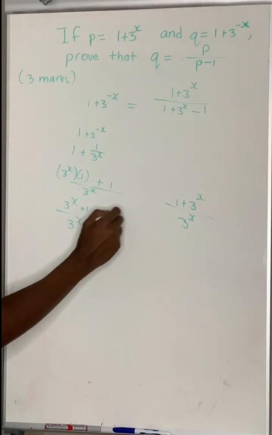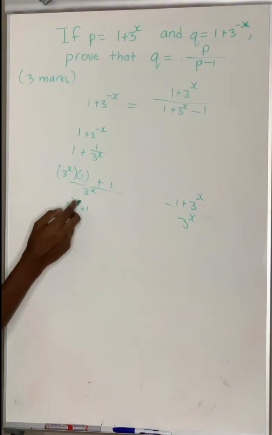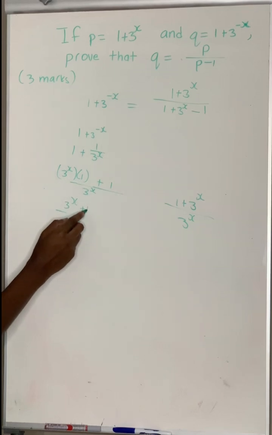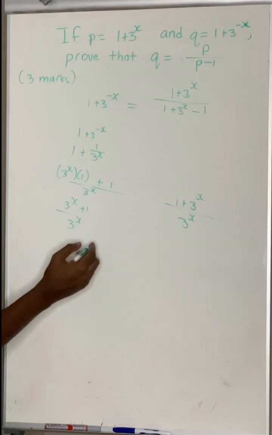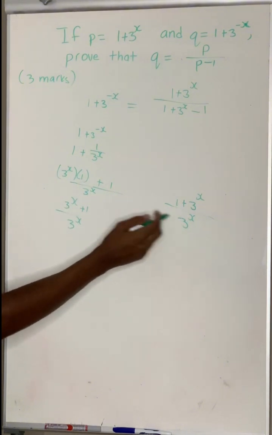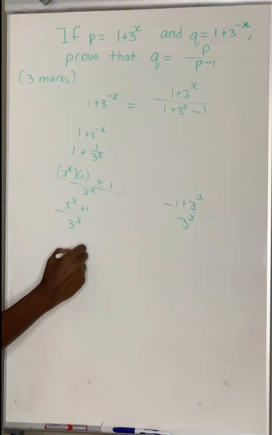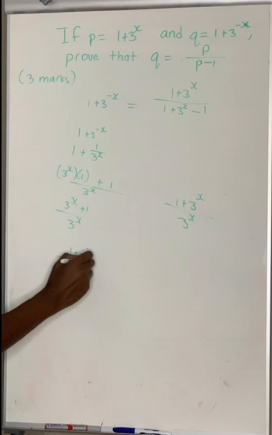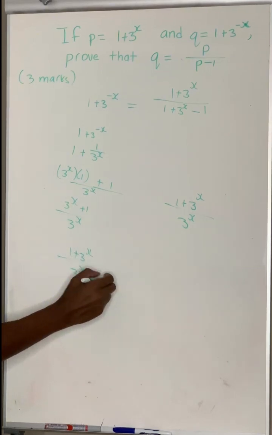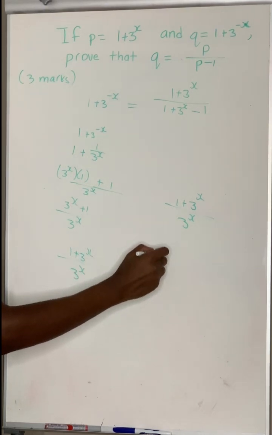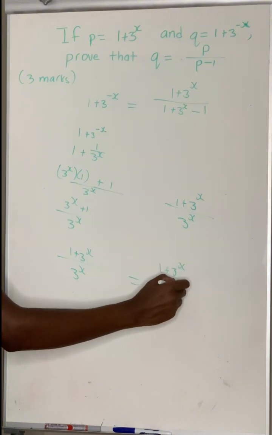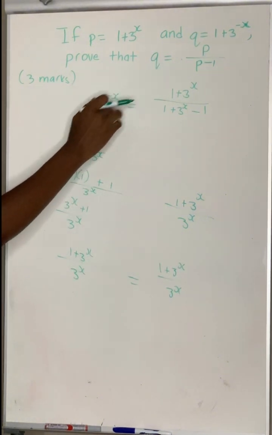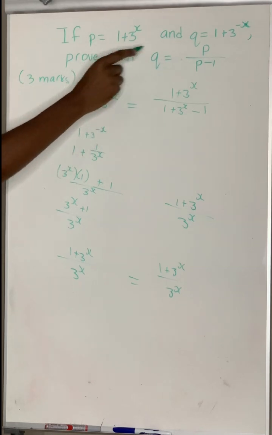Now these two are exactly the same, it's just that on the numerator, this 3 exponent x is on the left, and then there's positive 1 on this side, there's 1 on the left, and 3 exponent x on the right. So you can basically rewrite this, but this is exactly the same, so you can then say 1 plus 3 exponent x, all of that divided by 3 exponent x is the same as that. So you have shown that q is equal to p over p minus 1 when given these values.